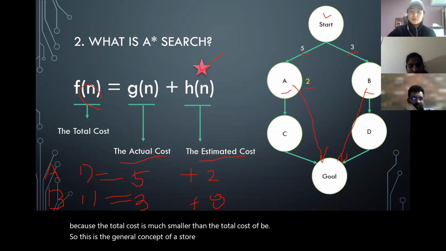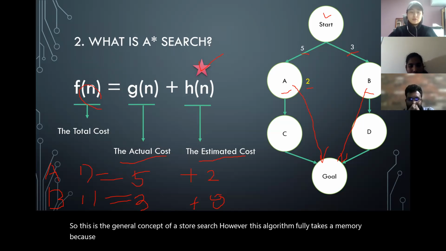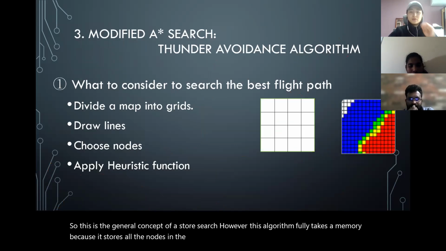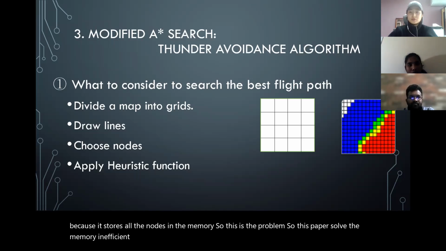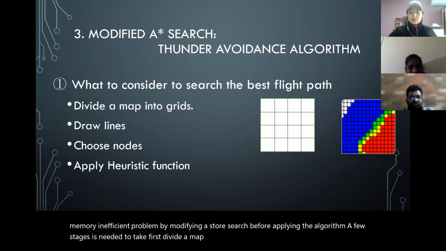However, this algorithm fully takes up the memory because it stores all the nodes in memory. So this is the problem. This paper solves the memory inefficiency problem by modifying A-star search. Before applying the algorithm, a few stages are needed. First, divide the map into grids to set accessible and inaccessible regions.